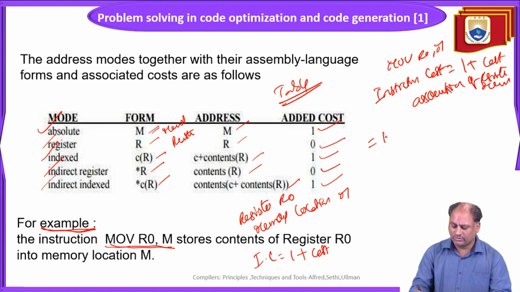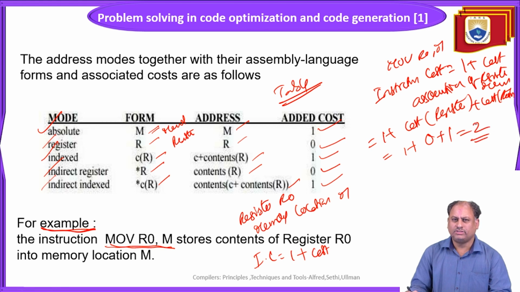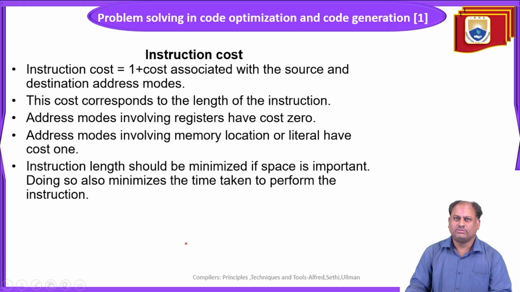So that is 1 plus the cost association of register plus the cost association of memory. What is the register cost association? 0. And the cost association of memory is 1. So 1 plus 1, that is 2. That is how the cost of the individual instruction is to be calculated.